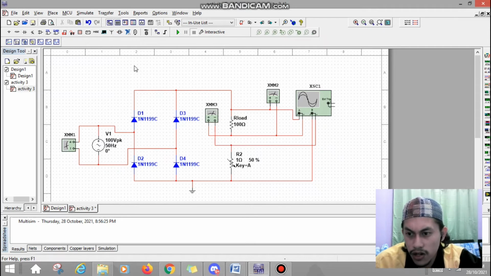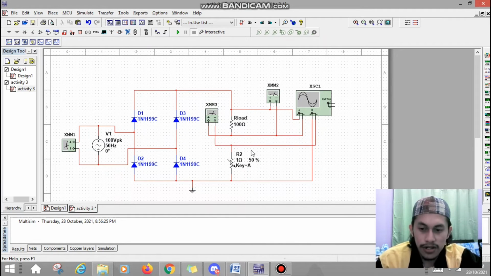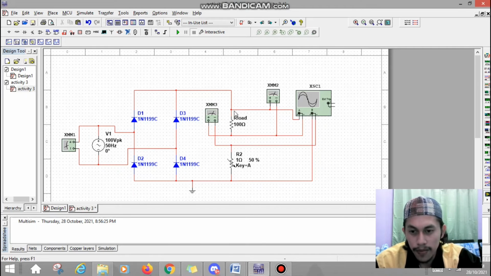First of all, this is the connection of activity 3. We use the 3-phase power supply, and this is a bridge diode, this is the impedance load, and this is a variable resistor, a multimeter, and lastly an oscilloscope. First, we need to find the VAC, Vout, and IR for the circuit.